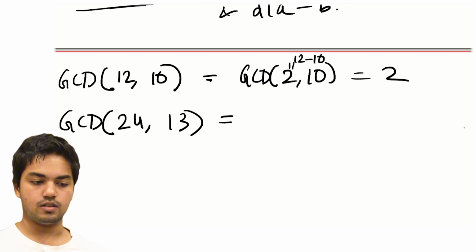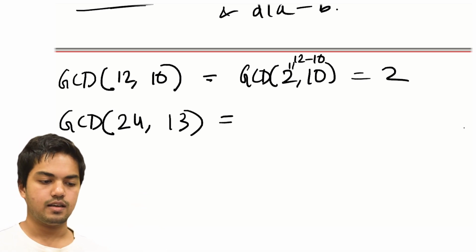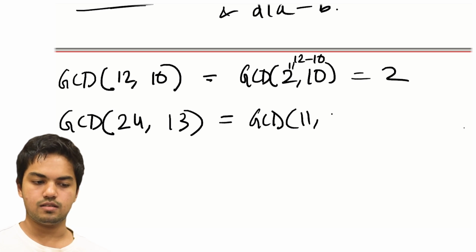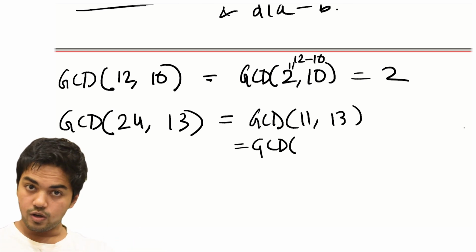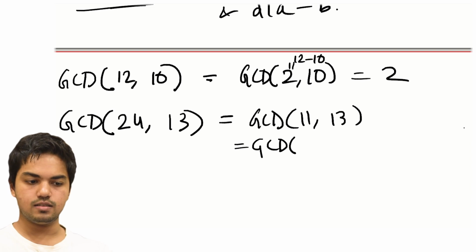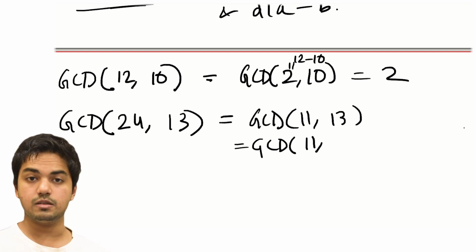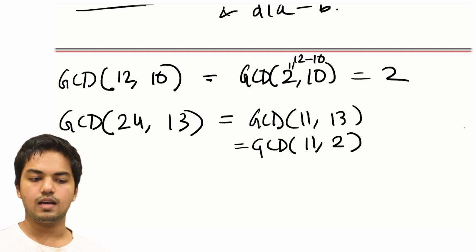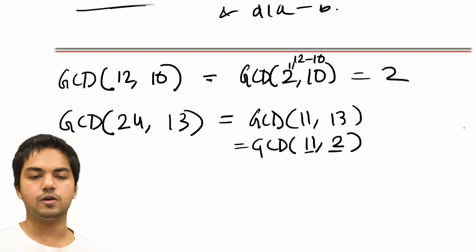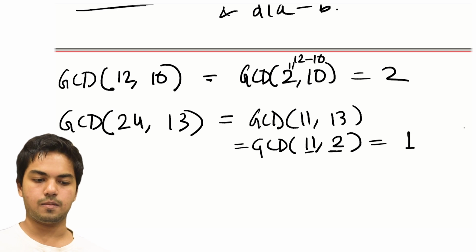The GCD of 24 and 13, using our idea, is the GCD of 11 and 13, which is 24 minus 13, which itself is, now we go the other way. 11 is less than 13, so I use 11 and 13 minus 11, which is 2. I can see that these are two obviously co-prime numbers. 2 and 11 are obviously going to be co-prime because 11 is odd, so this is 1.